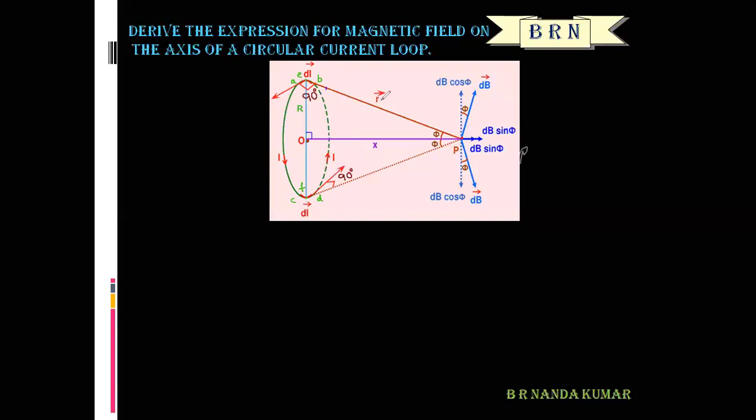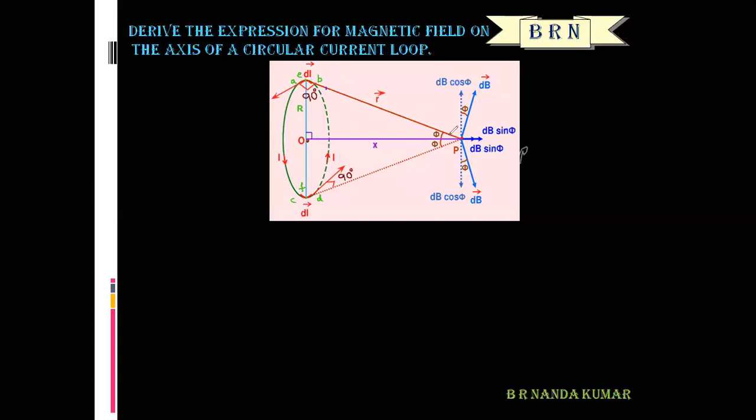r is the position vector of the observation point, the distance from the midpoint of the current element to the given point. What is the angle between the dl vector and the r vector? The dl vector is normally outwards.